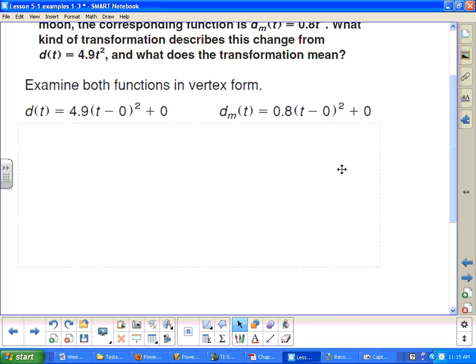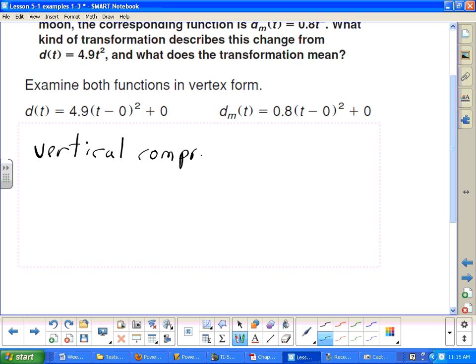Okay. So we have a vertical compression. But how much would this vertical compression be? Okay, Matt says 4.1. How do you get 4.1?